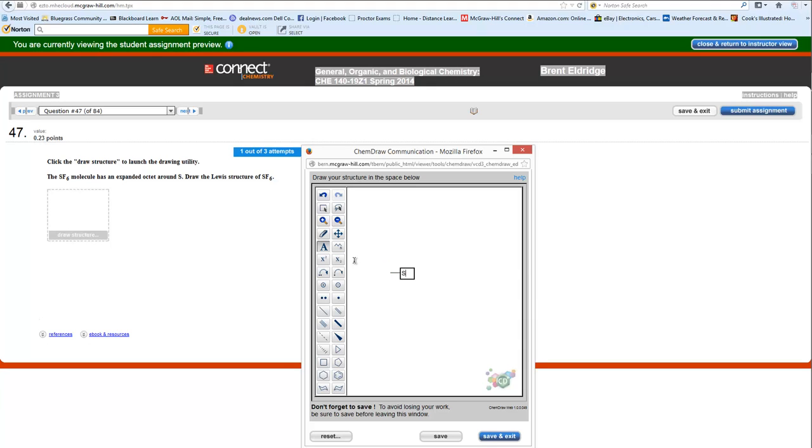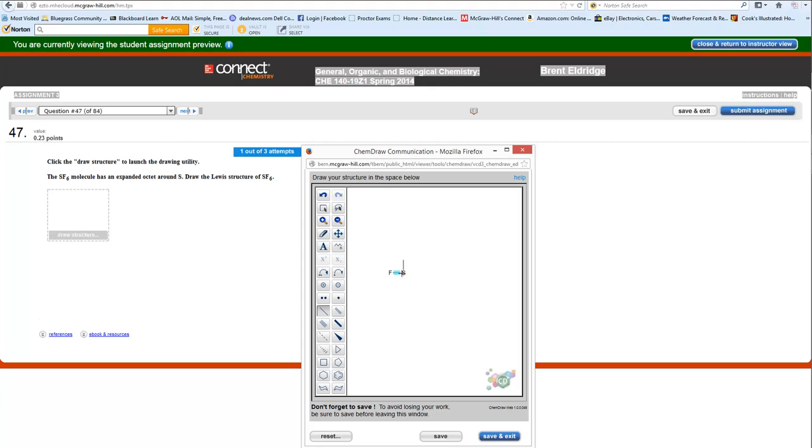All right, so next thing is you could highlight the blue box here if you wanted to, and put in a fluorine. And then maybe you want to click in and do another bond. So watch this. I highlight the sulfur, and let's just go on and put all our bonds in.